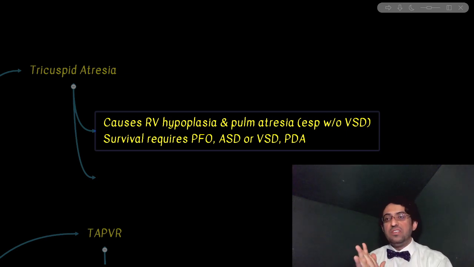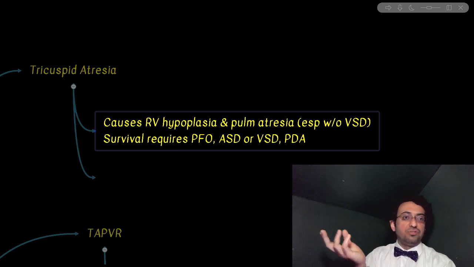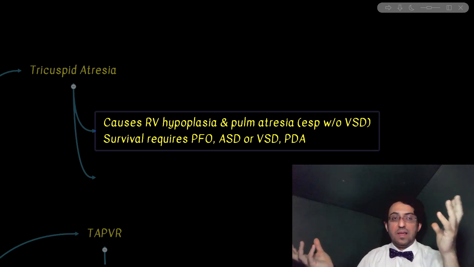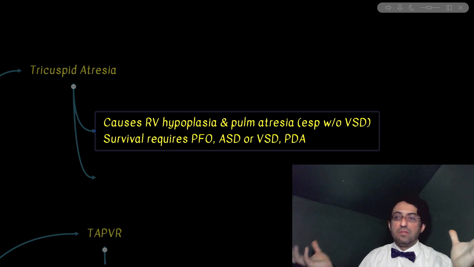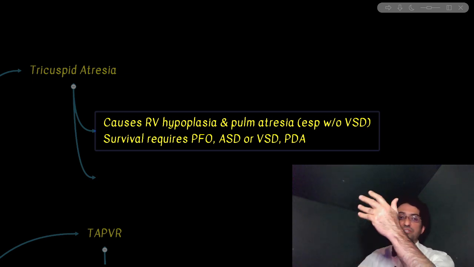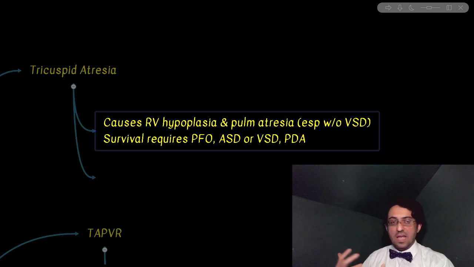However, if a VSD is present, given the fact that the right ventricle does not receive any blood, any venous return from the right atrium, the pressure of left ventricle will be definitely higher than right ventricle, and therefore it will be a left to right shunt through VSD. And that's actually required for survival. Otherwise, there will be no circulation on the right side of the heart. And given the fact that the system is in series, it means complete absence of cardiac output, and it will not be compatible with life.